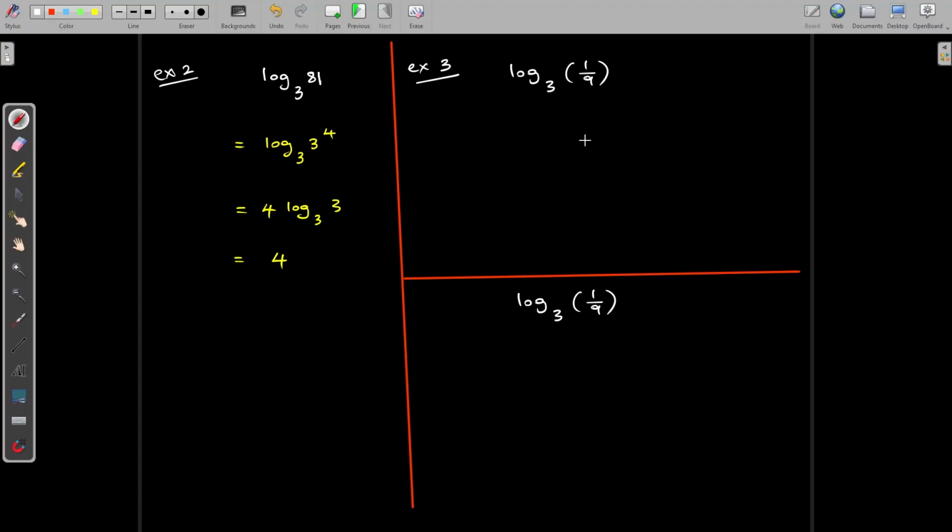Sir, I'll give it a try. The first rule that we could use is where log base a of x divided by y is equal to log a x minus log a y. We could do that, or we could use log a x to the power of n. So for the first one, we'd say log 3 of 1 minus log 3 of 9.